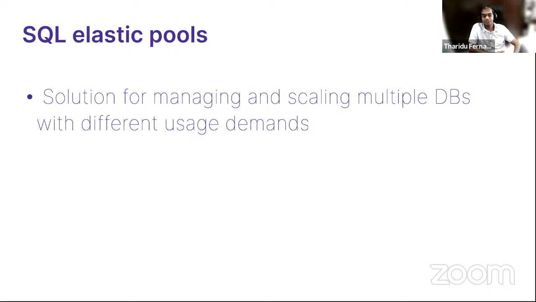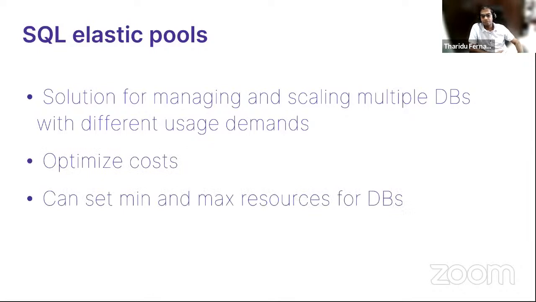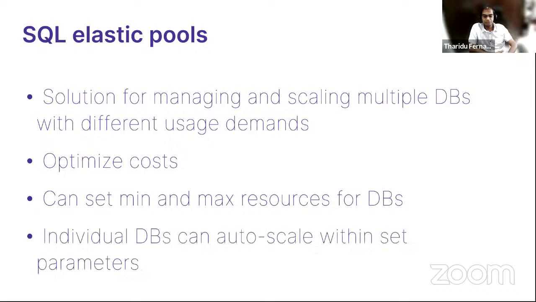So elastic pool is a good feature for this, because it provides some parameters that you can set up for the database. For example, you can set this is my minimum DTU and this is my maximum DTU. Then the SQL elastic pool will distribute those resources automatically based on demand. So individual databases can auto scale within the set parameters.